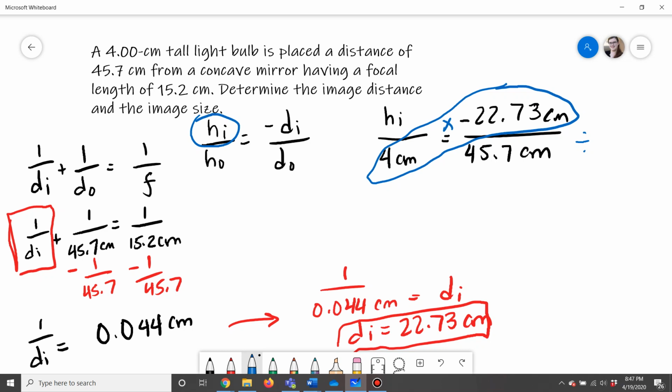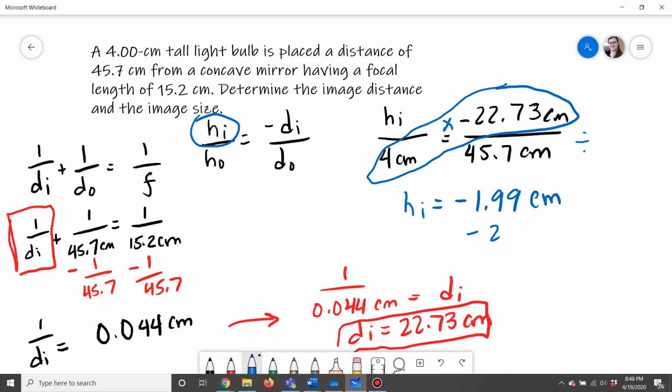So now I see that my image height is going to be equal to negative 1.99. Suppose you could always break it down and round it to 2 centimeters. And so our image height is actually smaller than our object height.